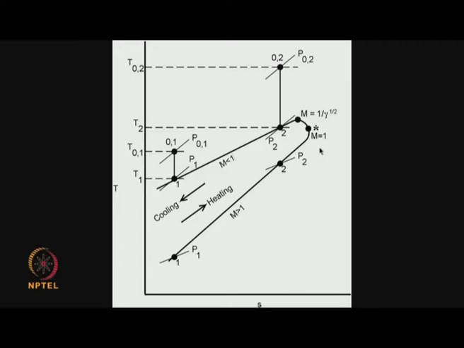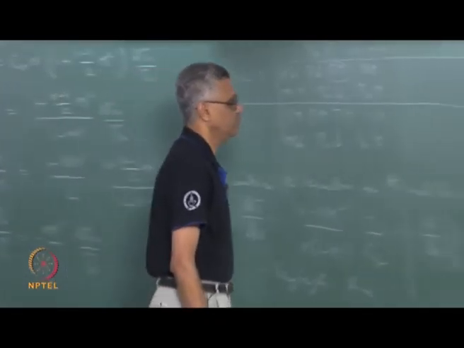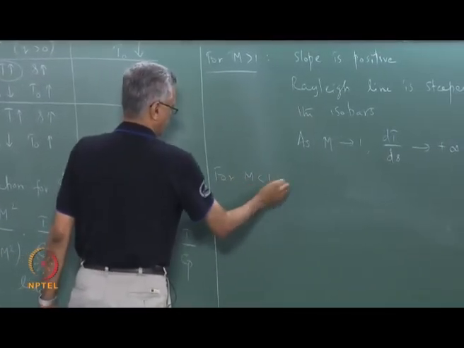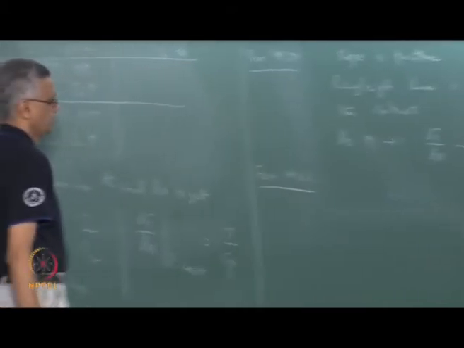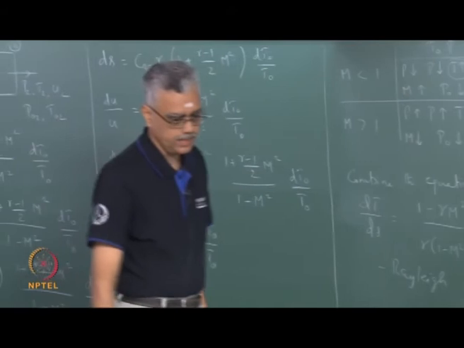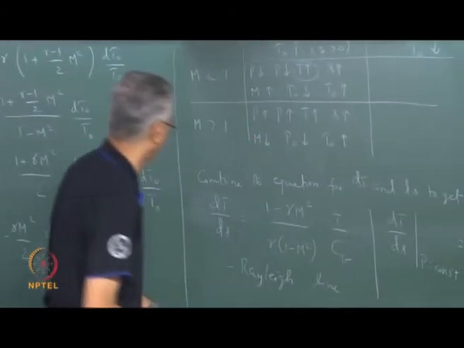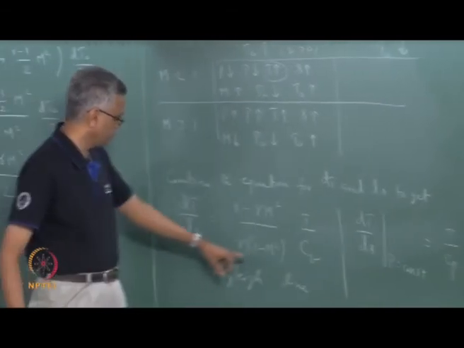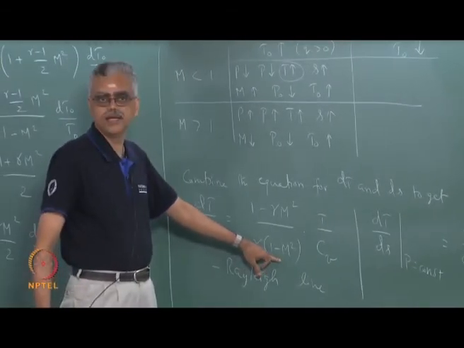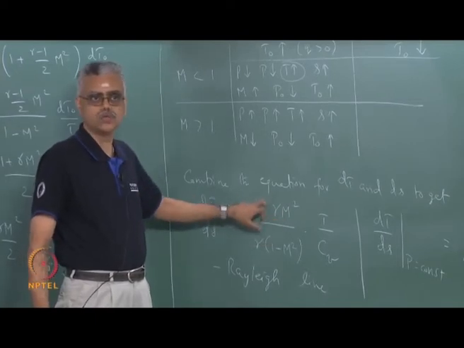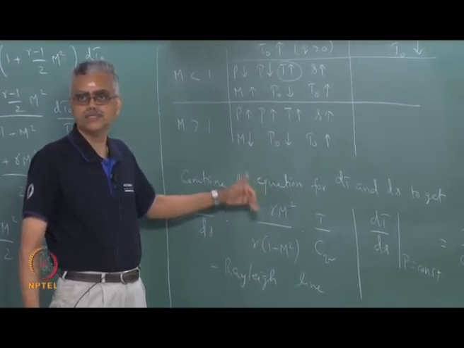Now we are going to look at the subsonic portion of the curve. So let us see what that looks like. We can draw similar inferences on the subsonic portion of the curve from here. When the flow is subsonic, this is positive, and if M is less than 1 over square root of gamma, this is also positive, otherwise it is negative.